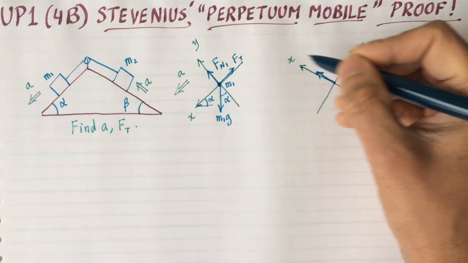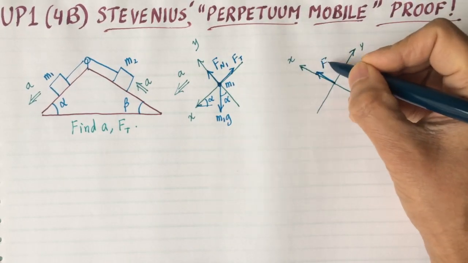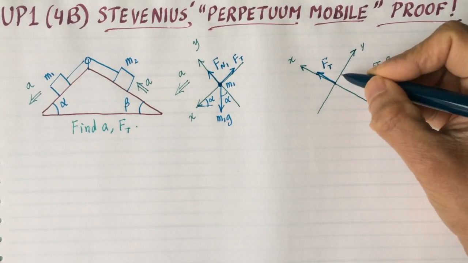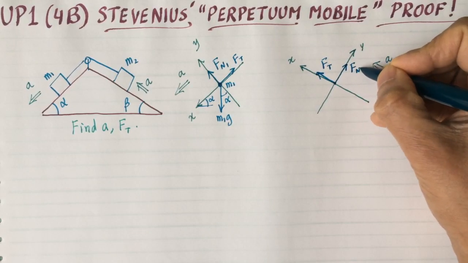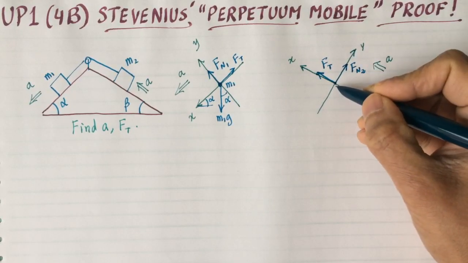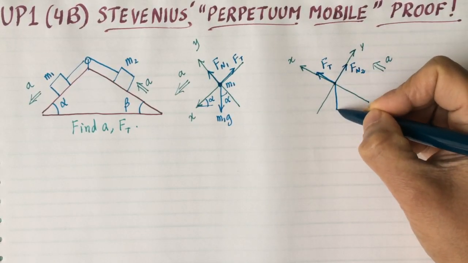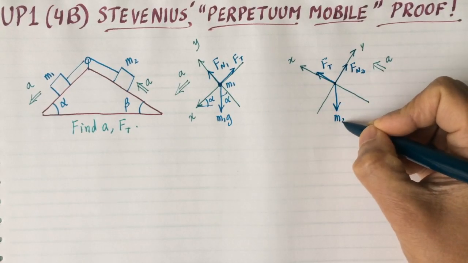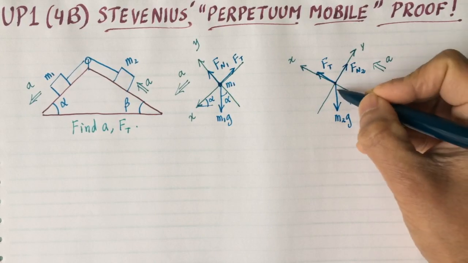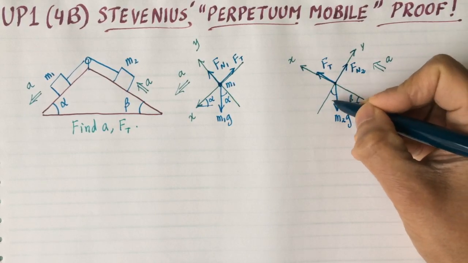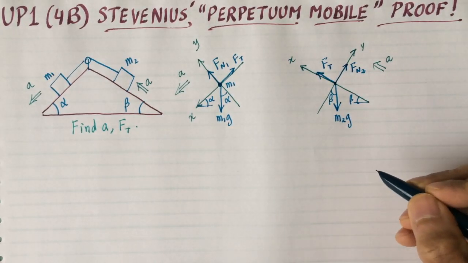That's an equal and opposite force to that tension force there. Then you have the normal force Fn2, which is always perpendicular to the surface of contact, and then m2g. This angle is beta, therefore this angle is 90 minus beta, and therefore this angle is also beta.